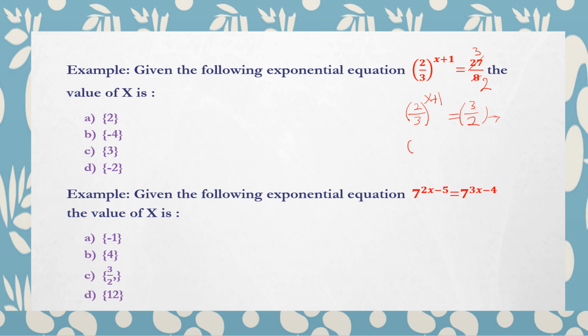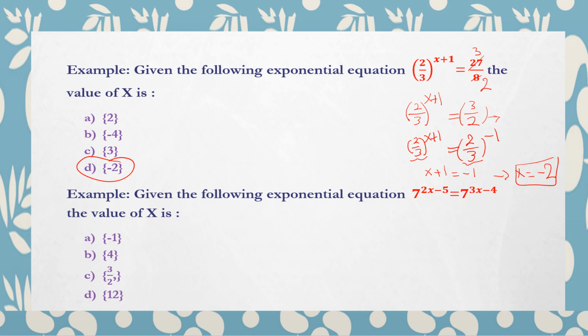So this equals (2/3)^(x+1) equals (2/3)^(-1). Then we have the same bases here. After that, we can equate the exponents. So x plus 1 equals minus 1, then x equals minus 2. And the correct answer is D.